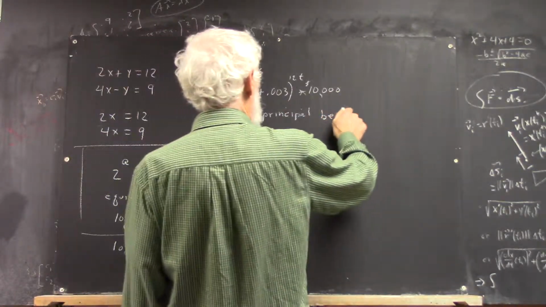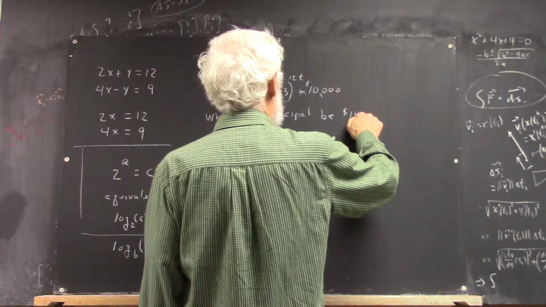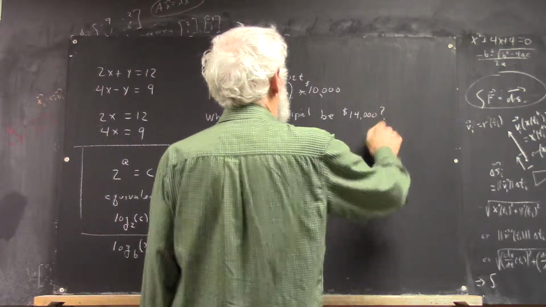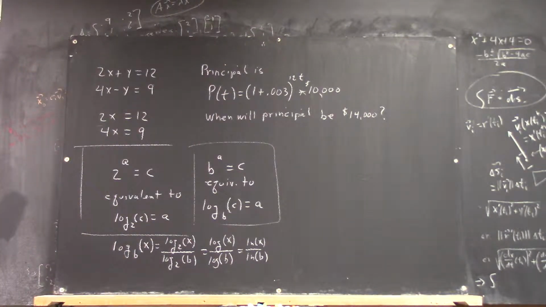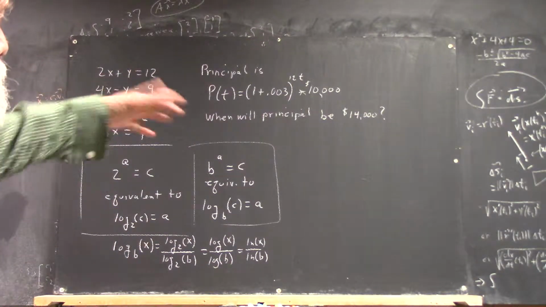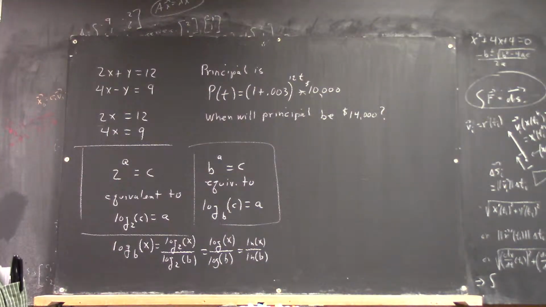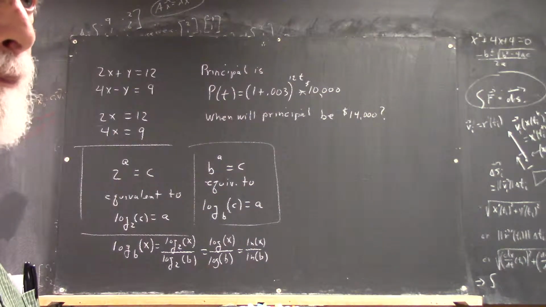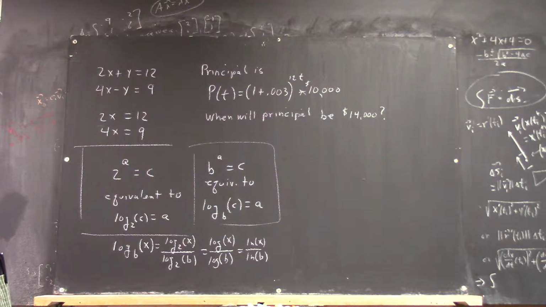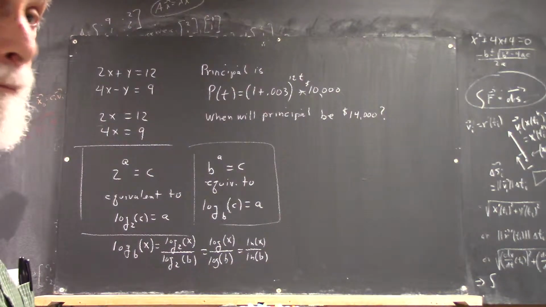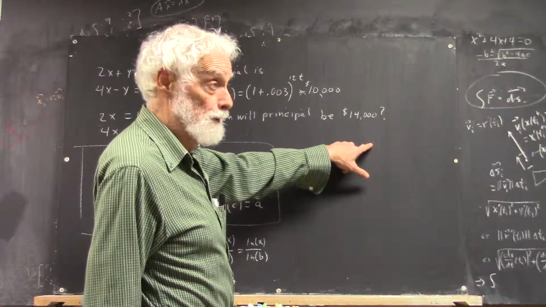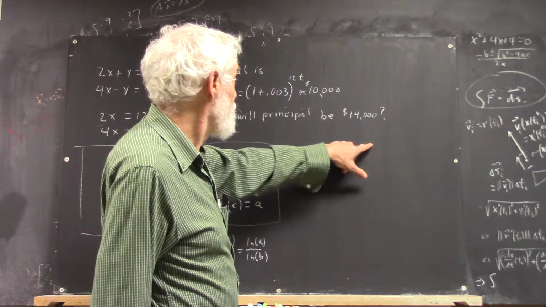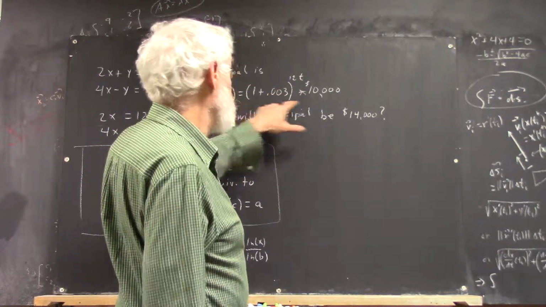So we want to know when the principal is going to be 14,000. So can we write an equation? Okay, well, we can write an equation. This is our principal, and we want it to be 14,000, right? And the bigger t is, the bigger this is going to be.